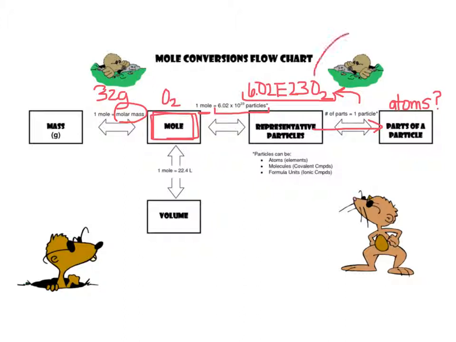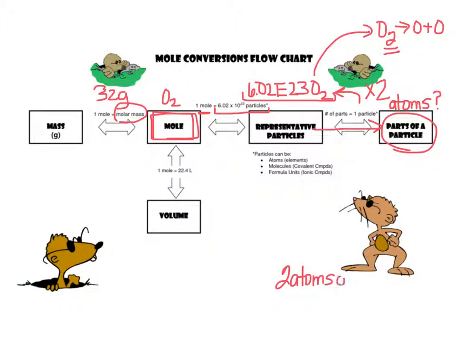Well, every oxygen, O2, consists of 2 atoms. So if I wanted to know how many total atoms of oxygen I had, I could take that number and multiply it by 2. In other words, I have 2 atoms of oxygen for every 1 O2 molecule. So I would be multiplying by 2.